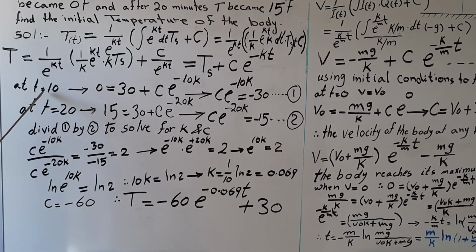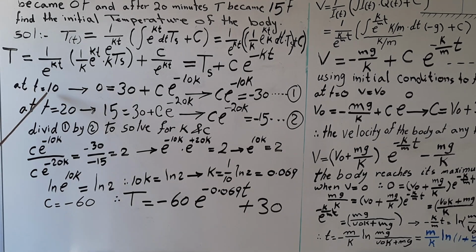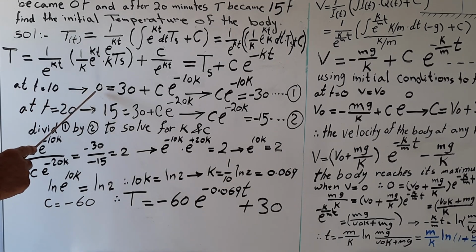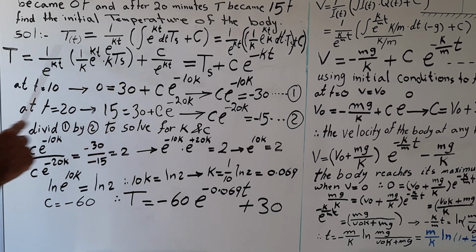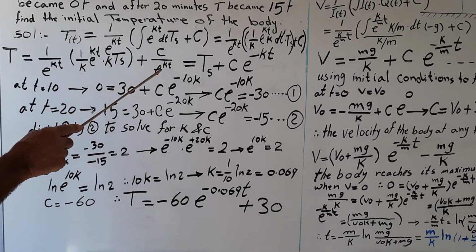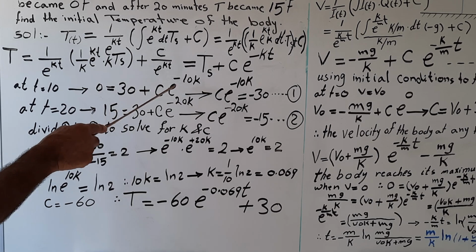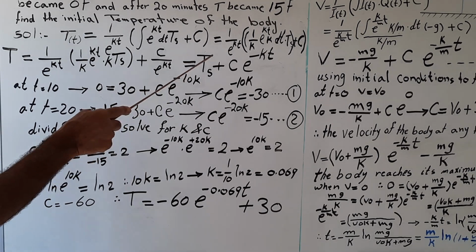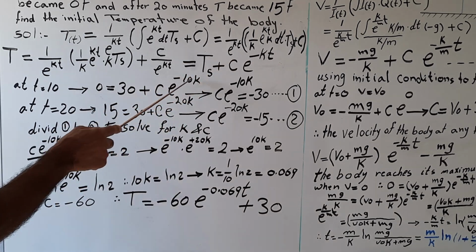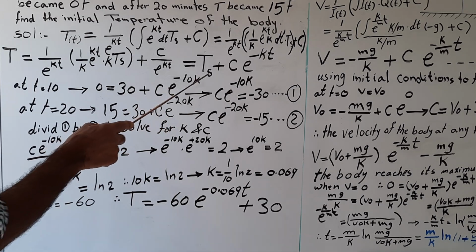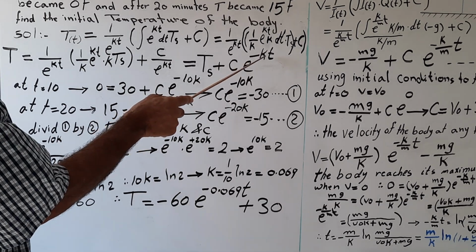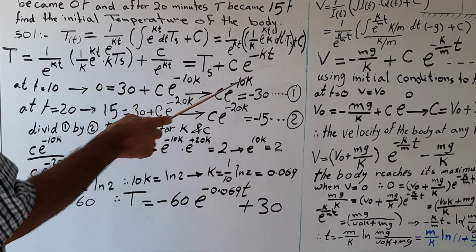So at t equals 10, after 10 minutes, the temperature here, we put T equals 0, and the temperature of the room is 30 plus C e to the minus K times 10. We need to find C and K, both unknowns.